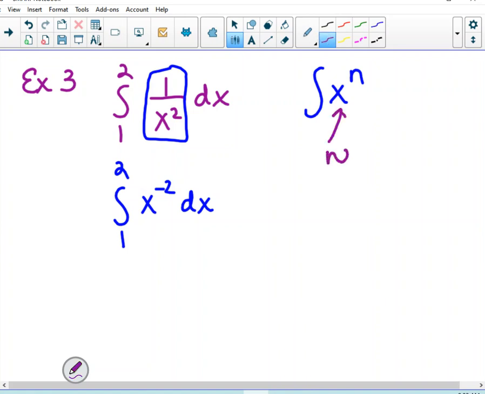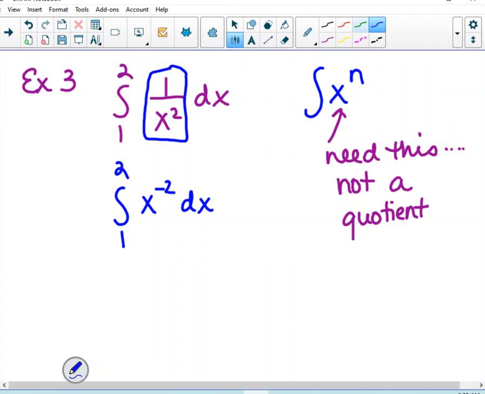Make a little note here. Need something like this. Not a quotient. There isn't a quotient rule per se in antiderivatives.